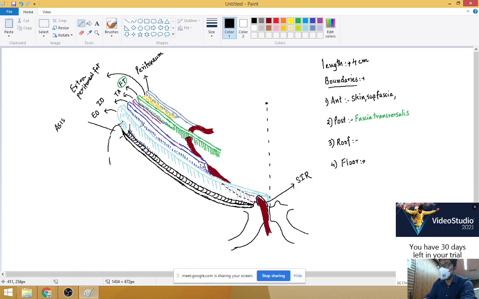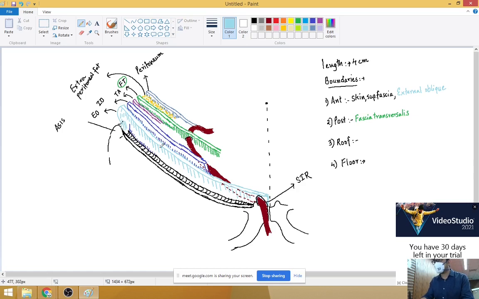Kindly respond. What is this muscle? External oblique muscle. This is the external oblique. So this is the skin, superficial fascia. This is the external oblique muscle.